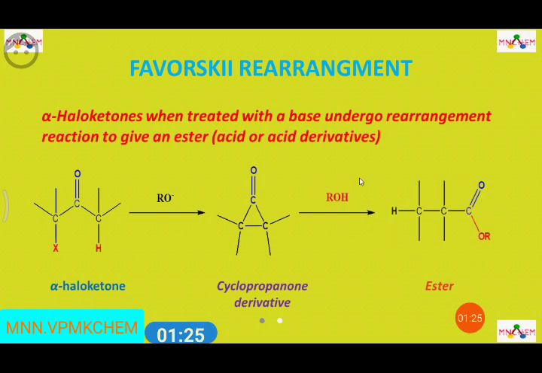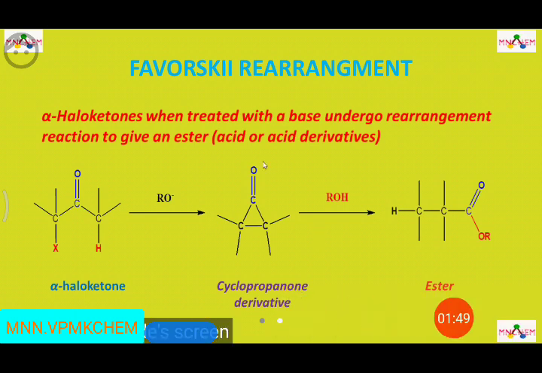Depending upon the nucleophile we are using in the second step, we will get an ester, acid, or substituted amide. So in general, we can say alpha haloketones undergo a rearrangement reaction in the presence of a base to give acid or acid derivatives as products in the Favorskii rearrangement reaction.